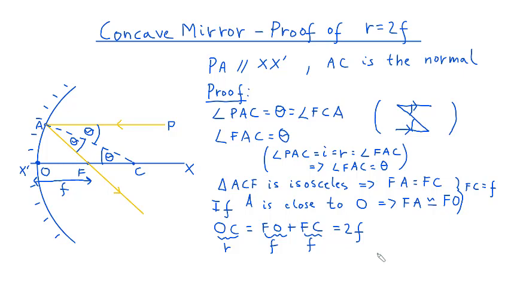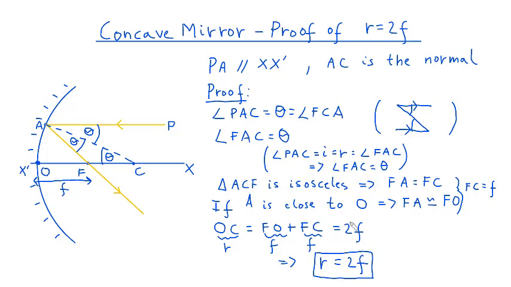So in other words, we have proved what we set out to prove, that for a concave mirror, the radius of the concave mirror is equal to 2 times the focal length of the concave mirror. And you must learn this because it could easily come up in your exam.